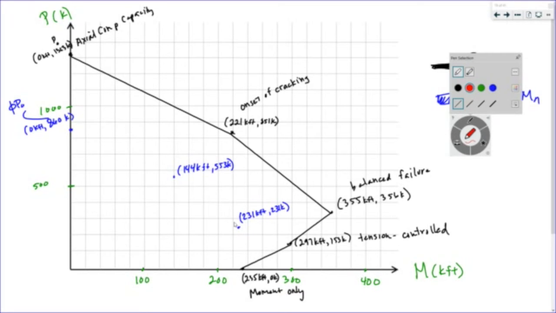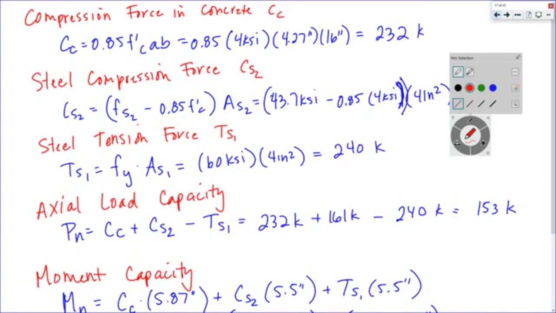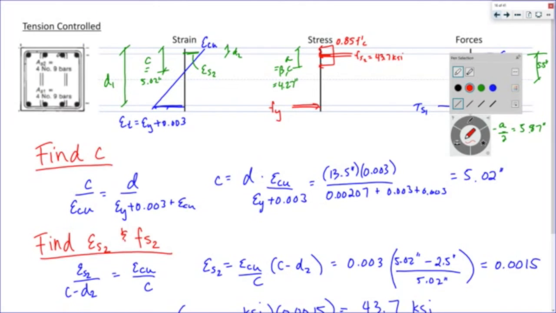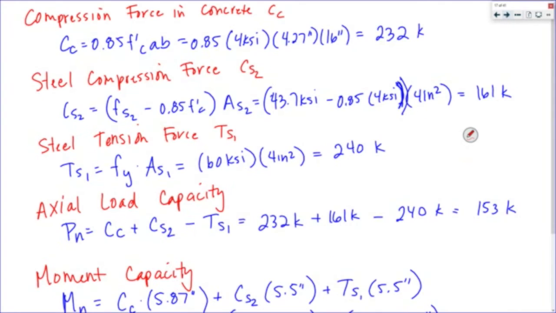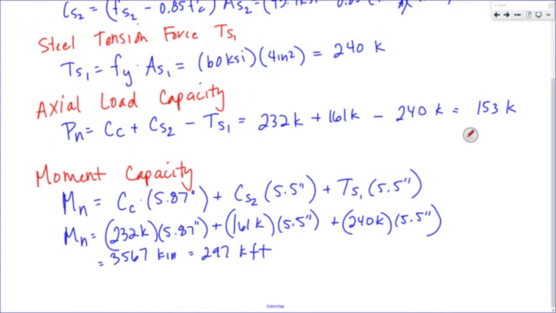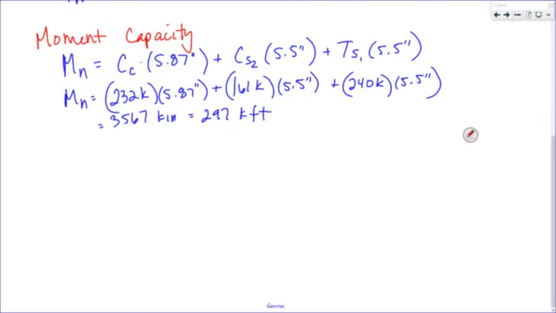Tension controlled is our next one, and I think that kind of answers the question in itself. Epsilon T is equal to epsilon y plus 0.003. By definition, this is tension controlled.